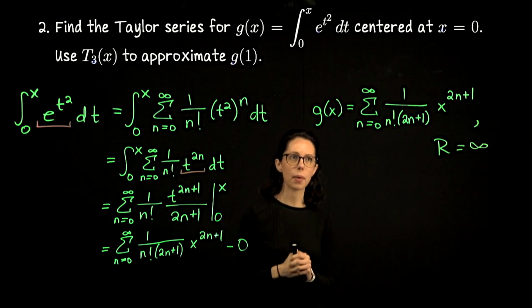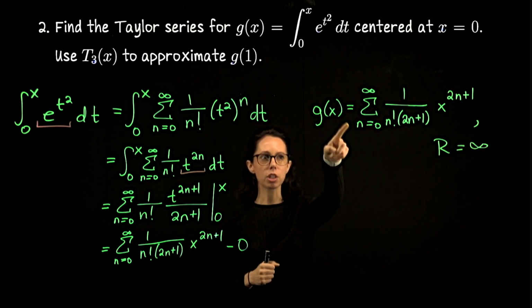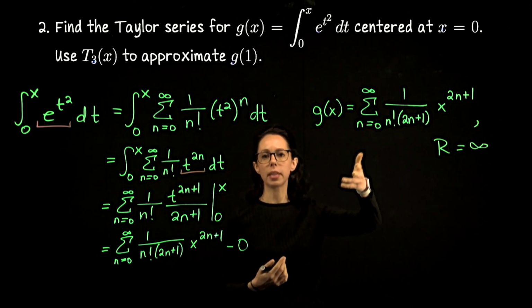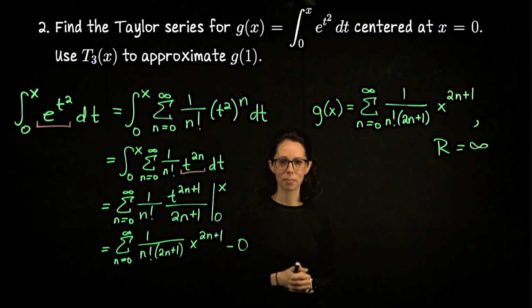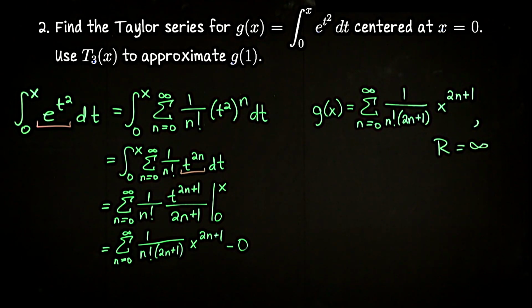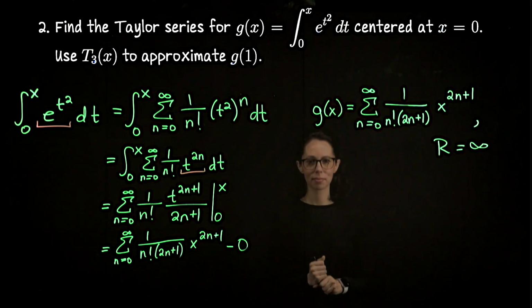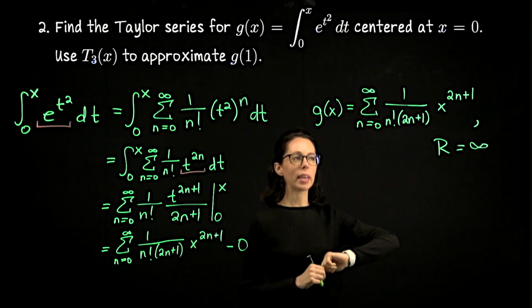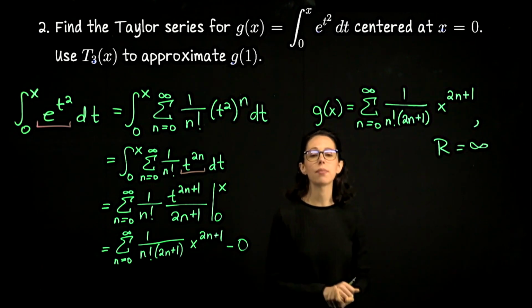Let me give you a minute to think about this, and then we will approximate the value of the function g of x when x equals 1 by just taking the first few terms here. So we will write down the Taylor polynomial T sub 3. Okay, so the true value of g of 1 is what we would get if we plugged x equals 1 into this series to produce an infinite series of numbers.